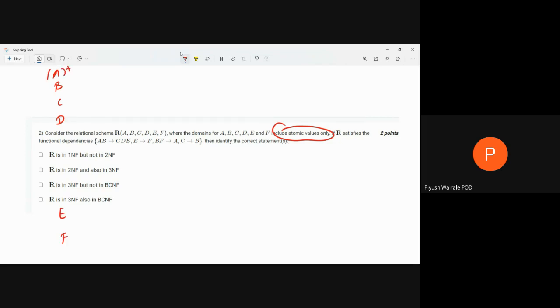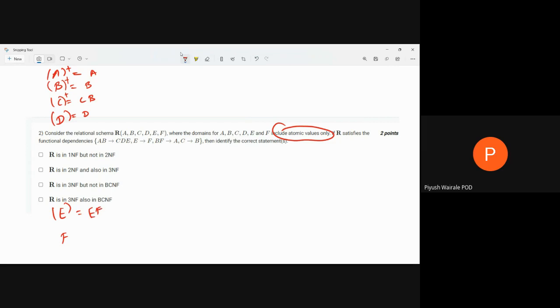Take the closure of A. What is the closure of A here? A only, right? Closure of B is B only. Closure of C is CB, and from CB nothing more. Closure of D is D only. Closure of E is EF, and from F are we getting anything?